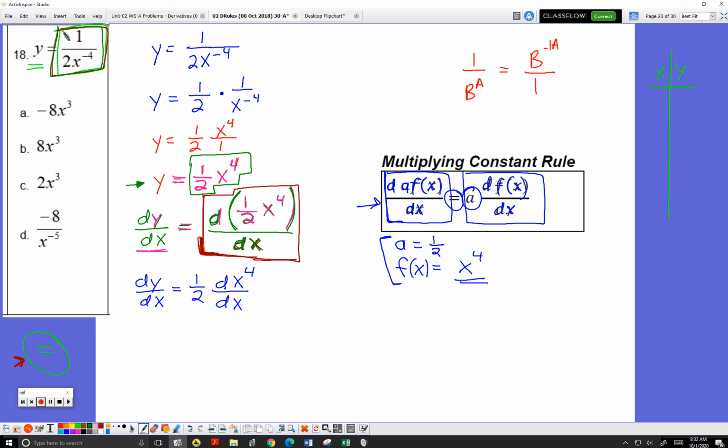Notice how on this blue line, our derivative operator, ddx, is no longer operating on all of the function. It's no longer operating on everything. ddx is only operating on x to the fourth. So I'm working my way into the function, from outside inward.